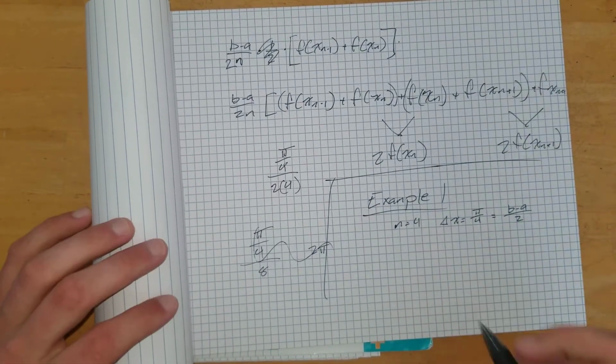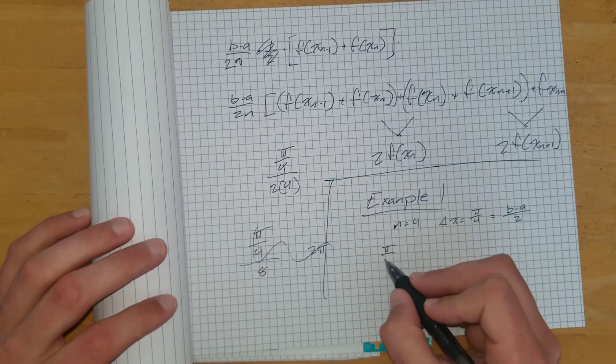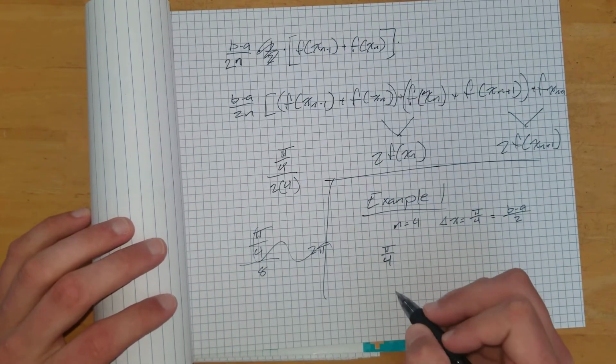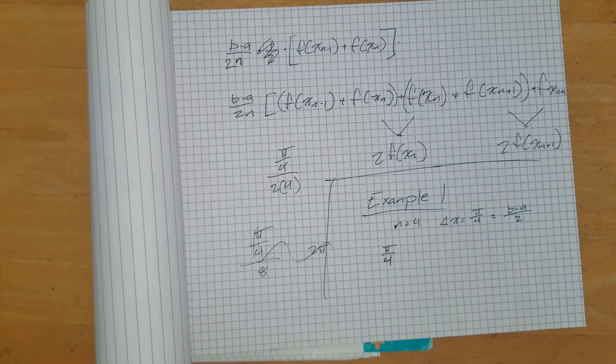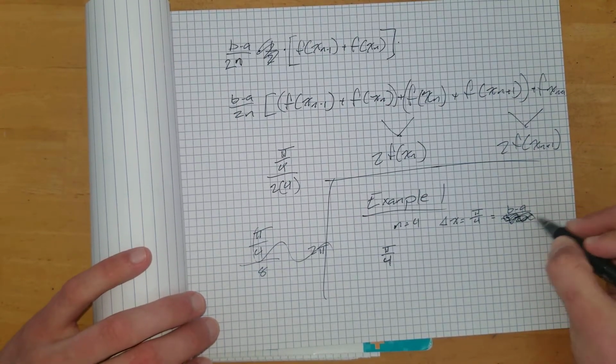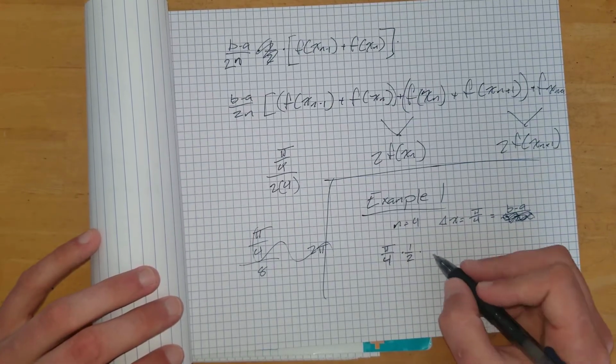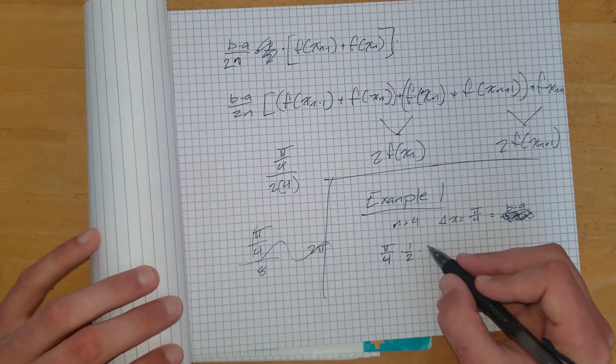So what we're going to do here is we're going to have pi over 4, sorry, this is just b minus a, not divided by 2, times 1/2 times 4.